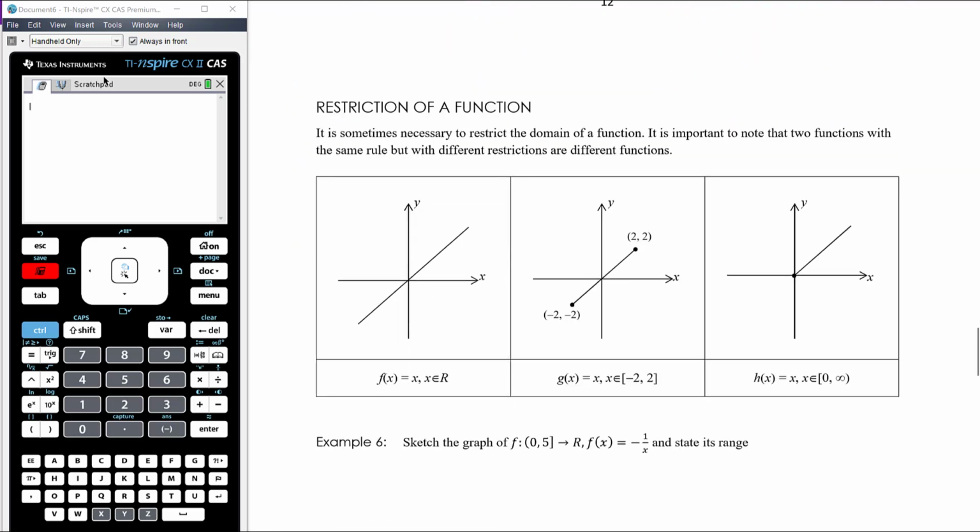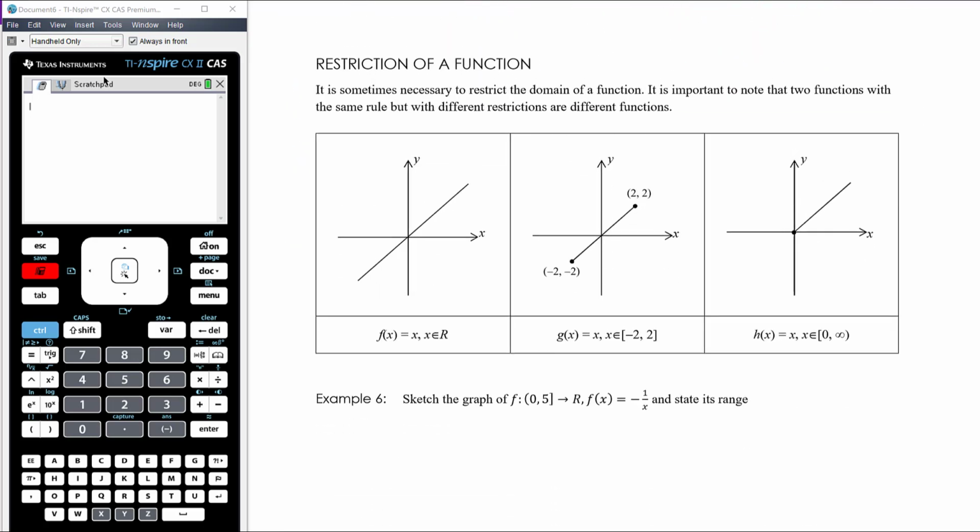Right, the last thing to talk about is the fact that sometimes it's necessary to restrict the domain of a function. And again, I've mentioned this previously, it's important to note that two functions with the same rule but different restrictions are different functions. So here we have three different functions that all have the rule y equals x. The first one's domain is R, so we're looking at the whole line.